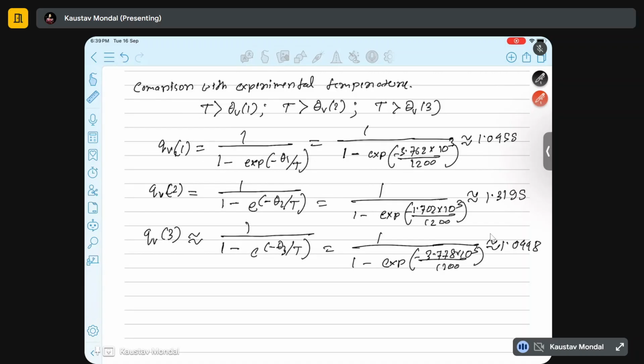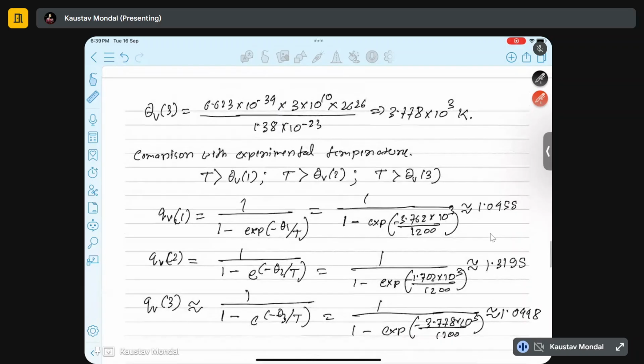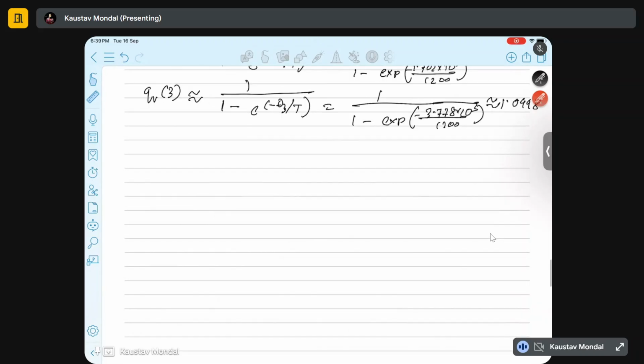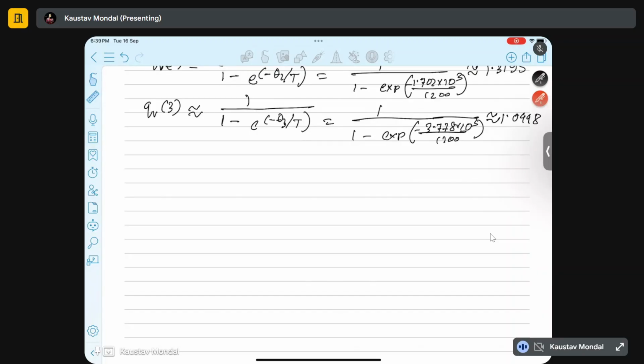1.044. So three contributions are there, QV1, QV2 and QV3, right? So the total partition function Q is simply given by QV equal to QV1 into QV2 into QV3.